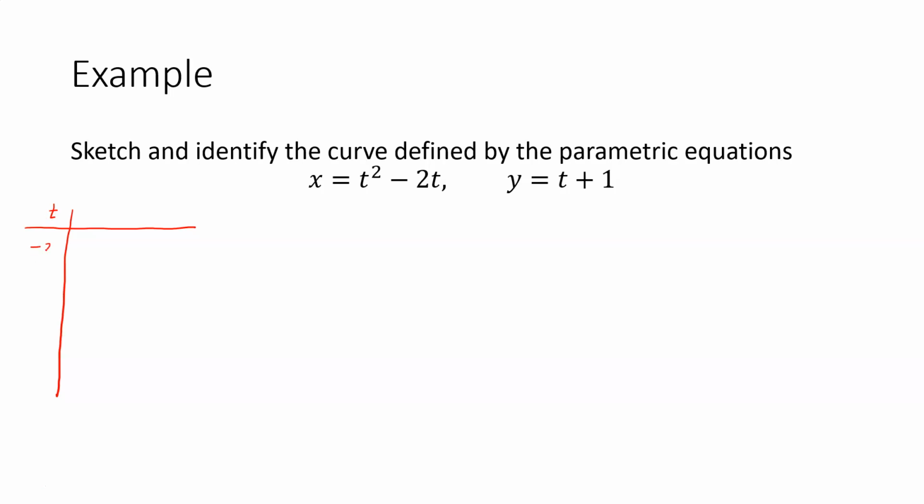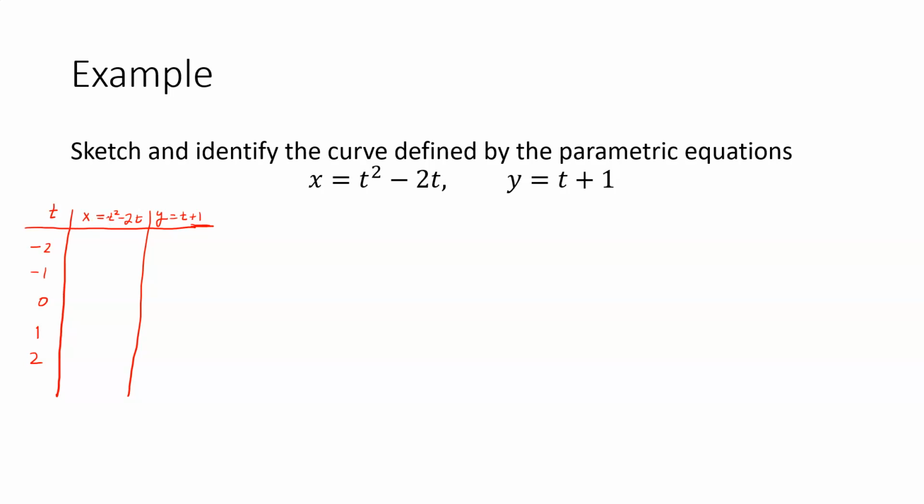So I'm picking some values that we can use to evaluate x and y. We'll just make this table of values, and then fill it in at the various values of t.